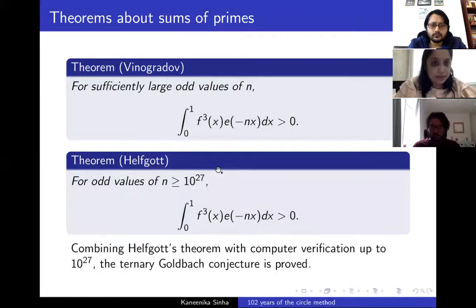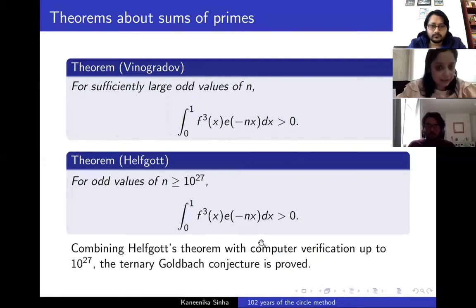And Helfgott's theorem makes Vinogradov's theorem effective. It doesn't just say some sufficiently large odd value. It says very precisely that for all odd values of n greater than or equal to 10 to the 27, this integral is positive. And combining this with computer verification up to 10 to the 27, the ternary Goldbach conjecture is proved.